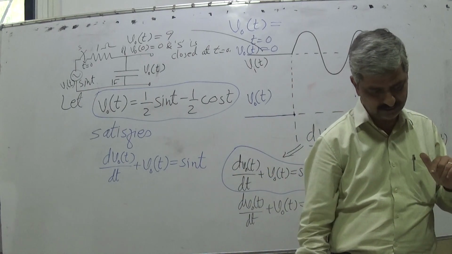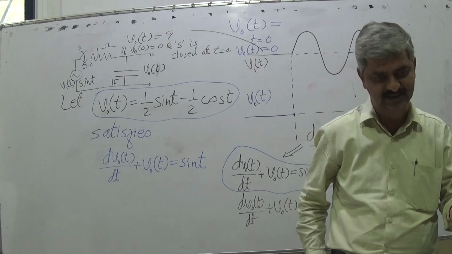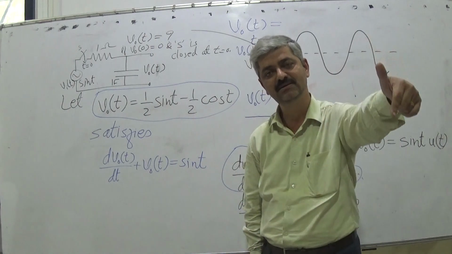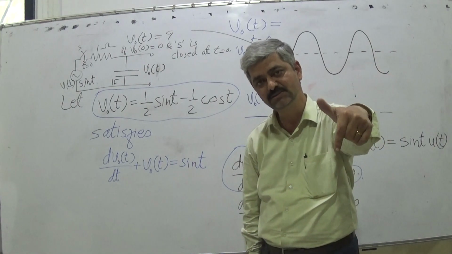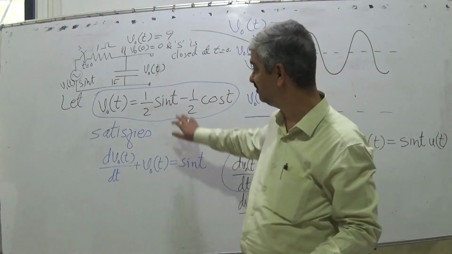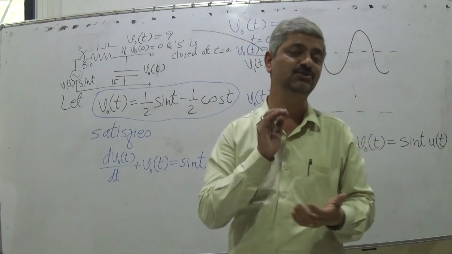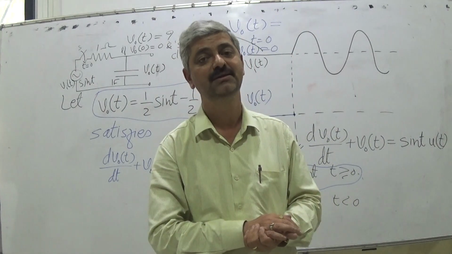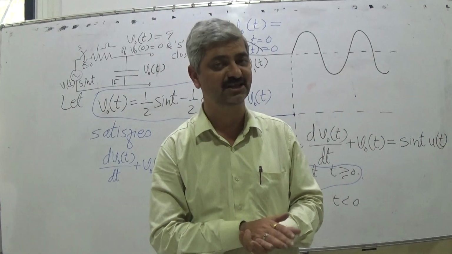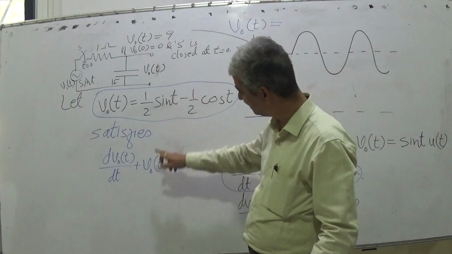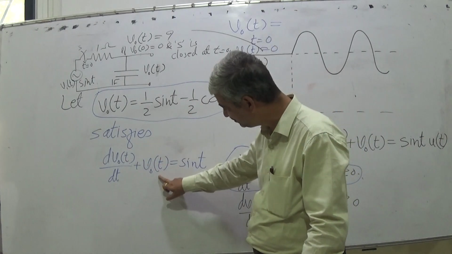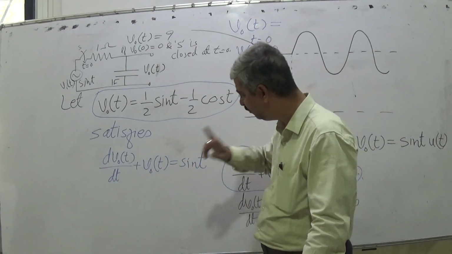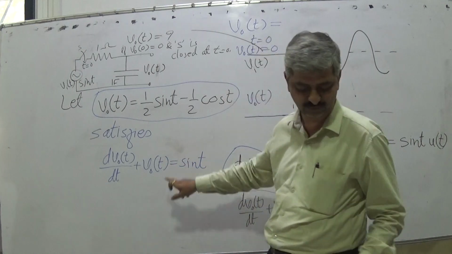a solution which satisfies the differential equation need not always turn out to be true, because there are many solutions. This is not the only solution, and this solution cannot be there because of the initial condition. This solution satisfies this, but this is not a fully described differential equation.